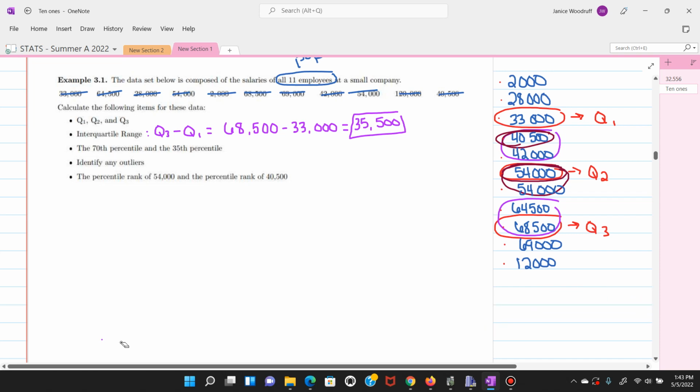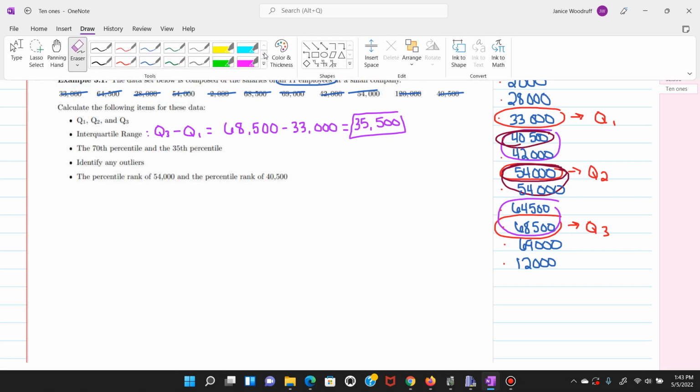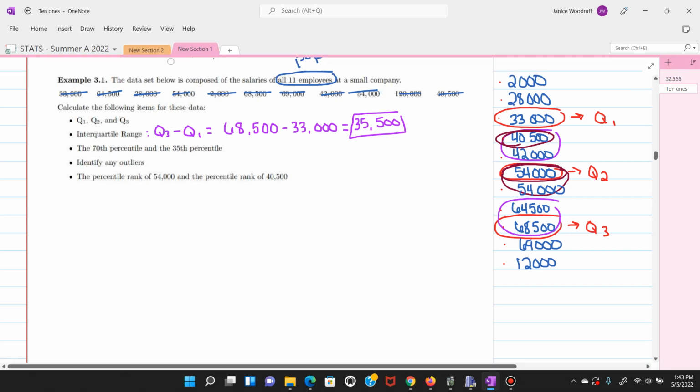Okay, so here is the test that you can do for outliers. The formula here: quartile 1 minus 1.5 times IQR. That will identify any lower outliers.